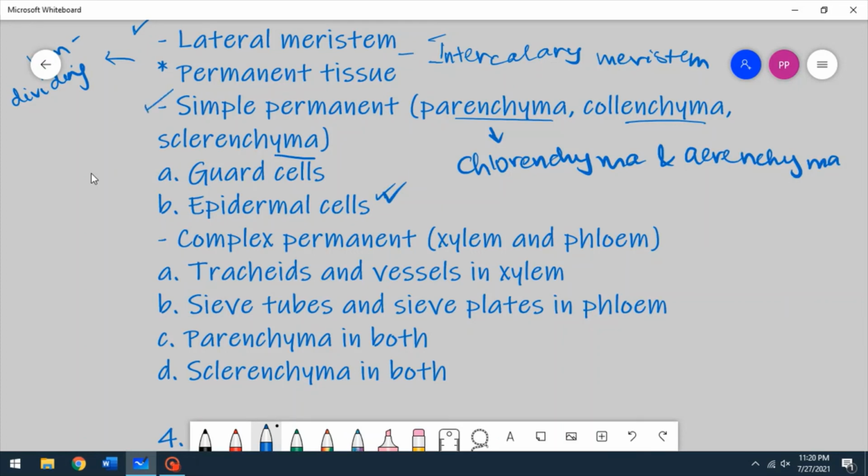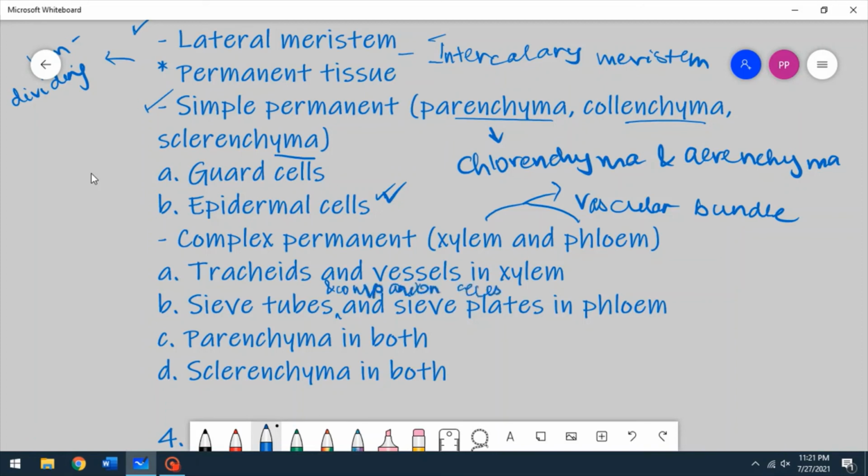And then we talked about complex permanent tissues, which has the xylem and the phloem, which together constitute the vascular bundle. So tracheids and vessels are present in the xylem, and sieve tubes, sieve plates, and companion cells are present in the phloem.